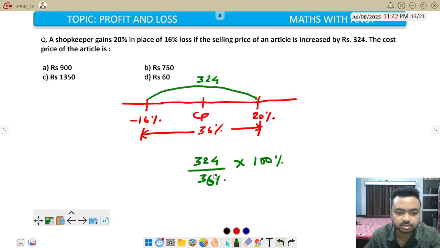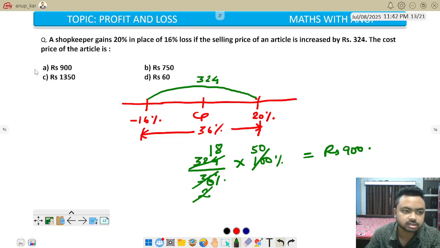We can divide by 18. 18 times 18 is 324, and 18 twos are 36. So it will automatically be 900. This is my answer.